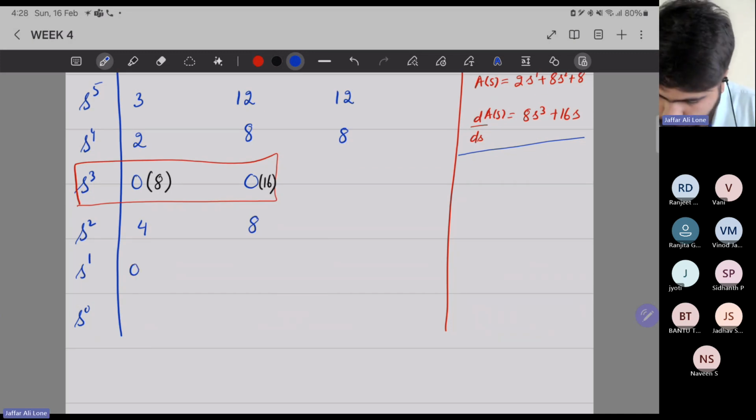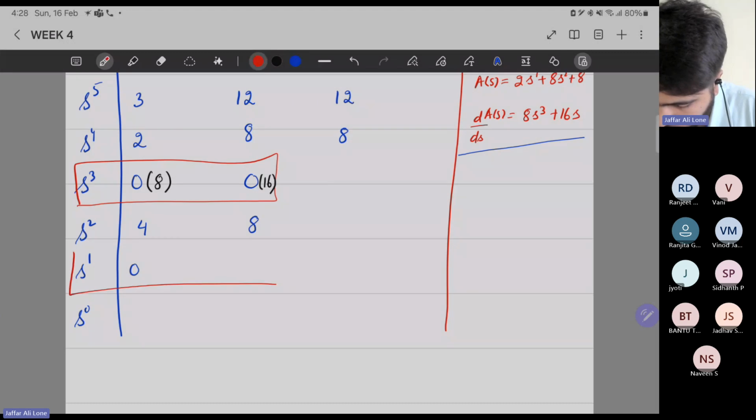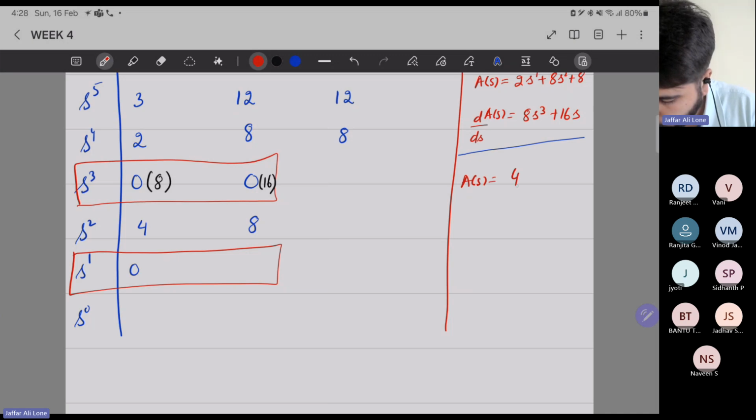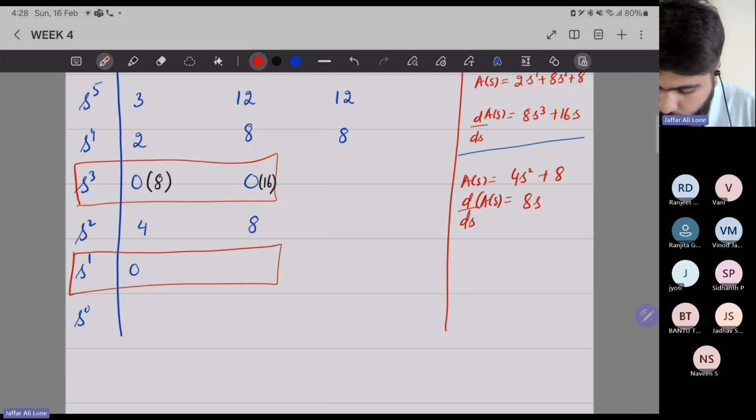So when I get zeros, what I'll do, I'll again make the auxiliary equation. So the auxiliary equation is 4s square plus 8. d by ds of A(s) will be 8s only. So this will be 8, right? And then finally, this will also be 8.